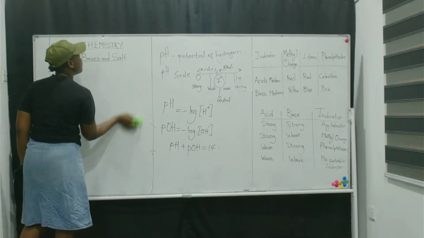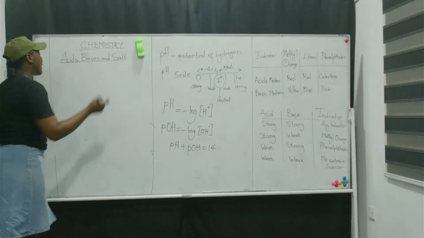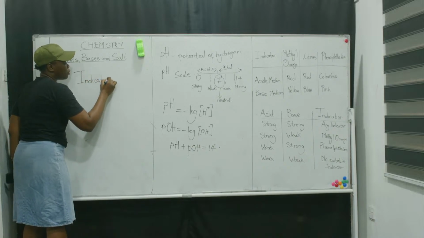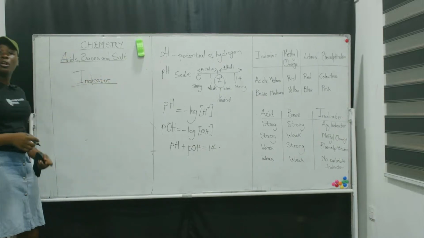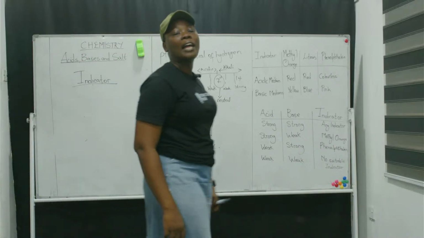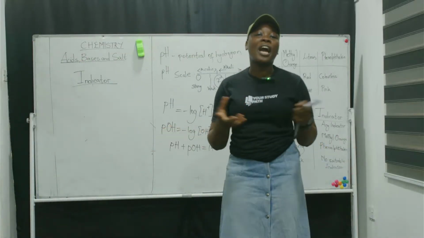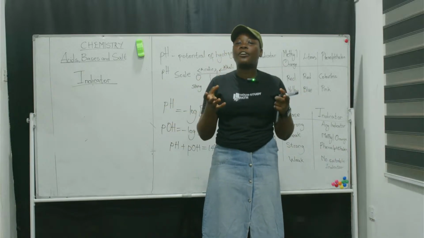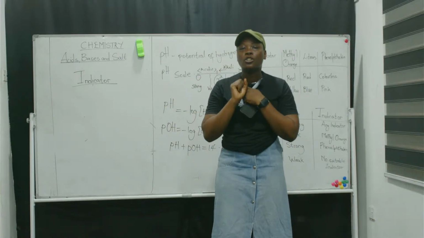What we're starting off with in this class is indicators. I'm sure we've heard the word indicator before during our titration class. Indicators are basically weak organic acids or bases that show color change based on hydrogen ion concentration in a solution.